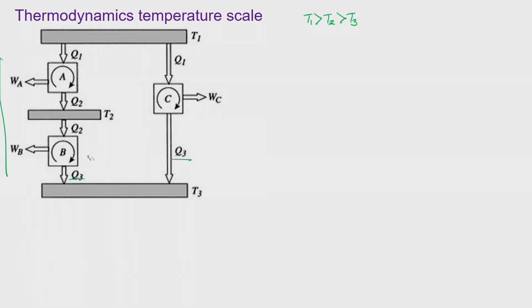Now, as per the derivation that we have done in the previous slide, we know that for engine A, Q2 upon Q1, that is heat rejection by heat addition, has to be a function of the corresponding temperatures T2 and T1, the temperatures between which this engine is working.